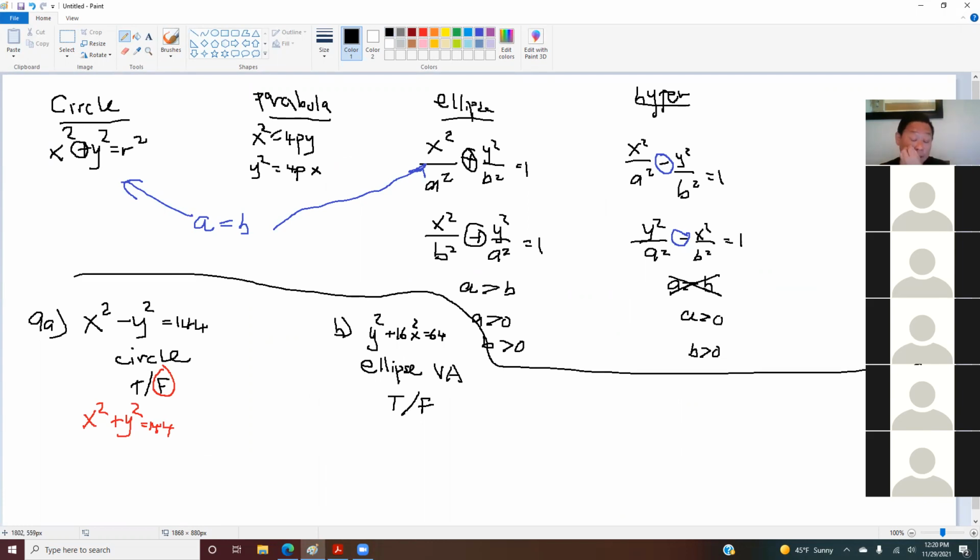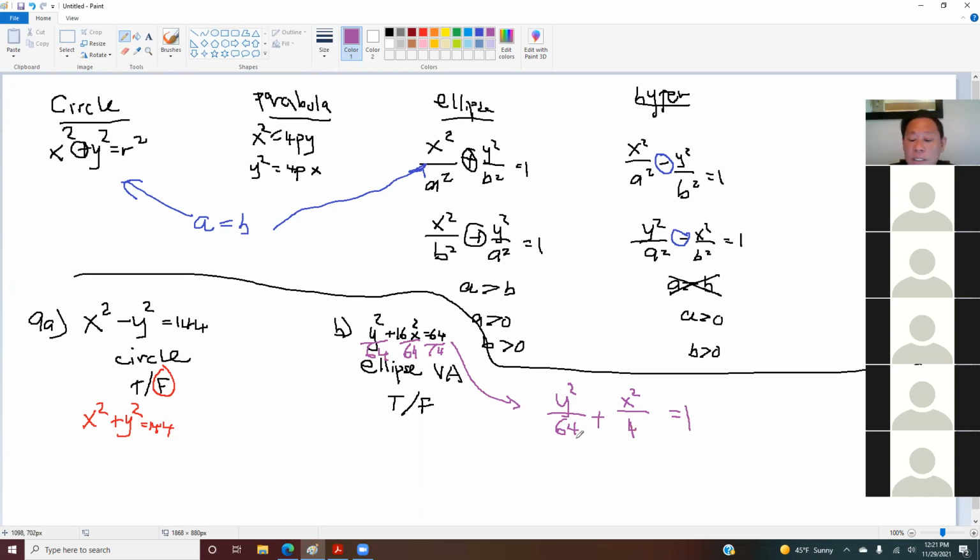So in order for us to answer whether this is true or false, you have to make this equation equal to 1. So I will divide everything here by 64. What I get here is y squared over 64 plus, if I reduce 16 over 64, anyone, what is the reduced fraction? Okay, that's 1/4.